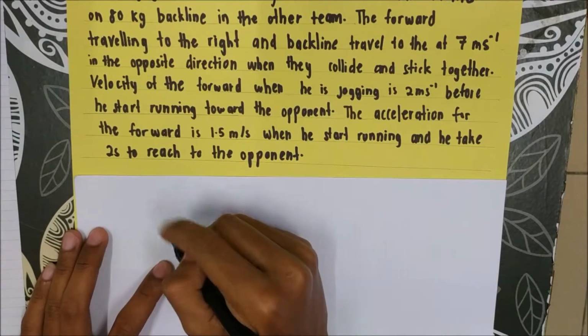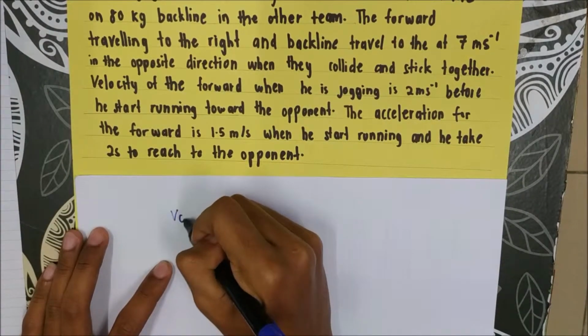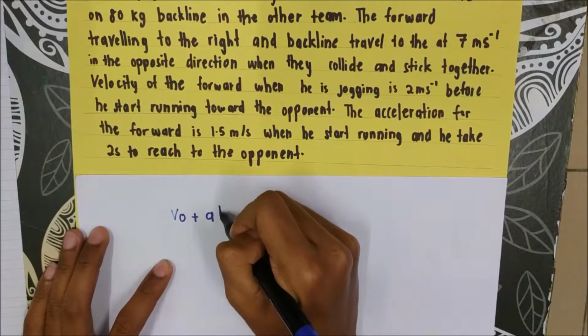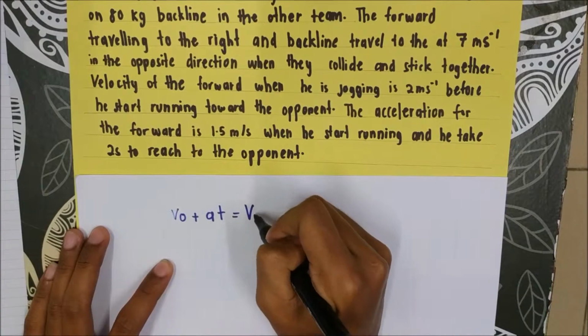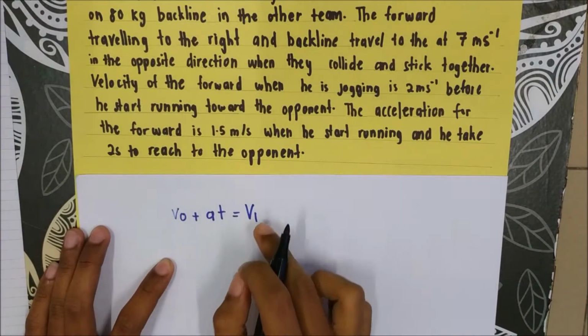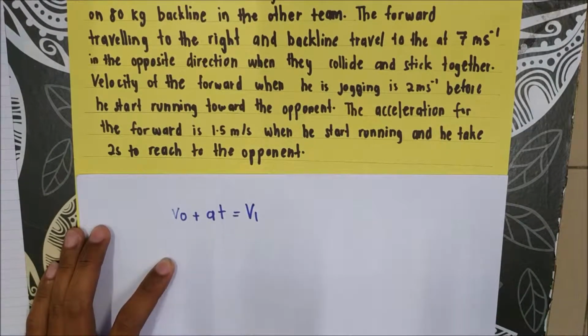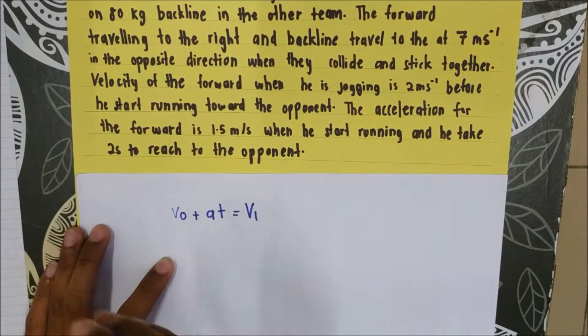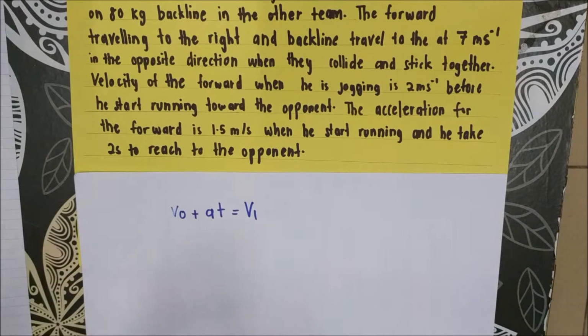So we use the formula V0 plus acceleration times time equals V1. V1 is the velocity of the forward player when he runs toward the opponent before they collide.